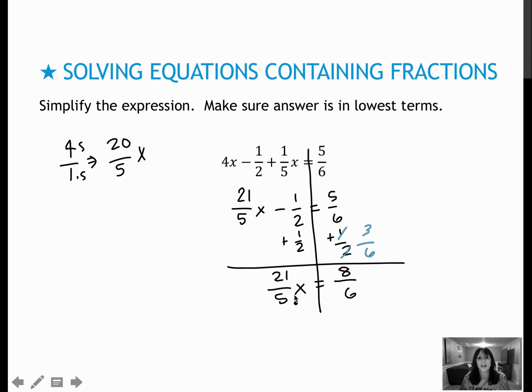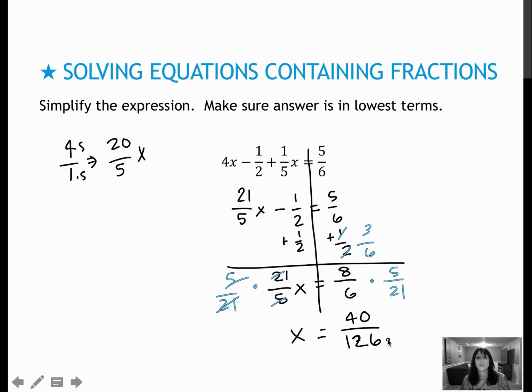Now I need to divide by 21/5, but instead of that, I'm going to multiply by 5 over 21, because when I multiply by the reciprocal, again, that just gives me the x all by itself, which is what I wanted. On this side, it doesn't appear that anything can be reduced, so 8 times 5 is 40, and 6 times 21 would be 126.